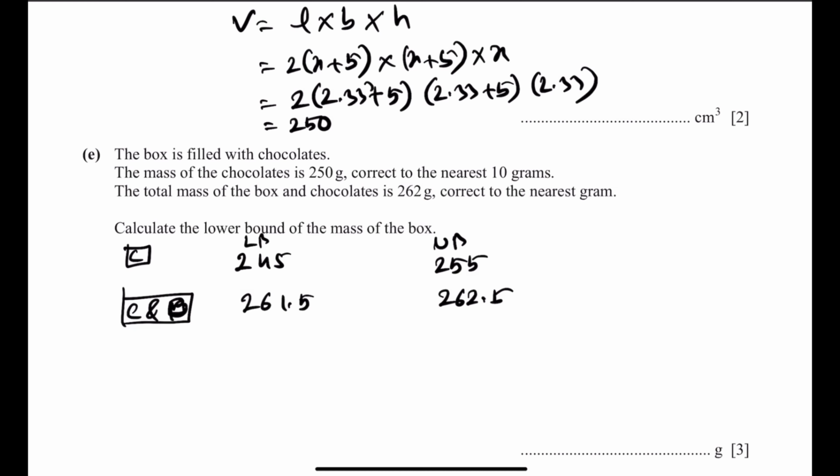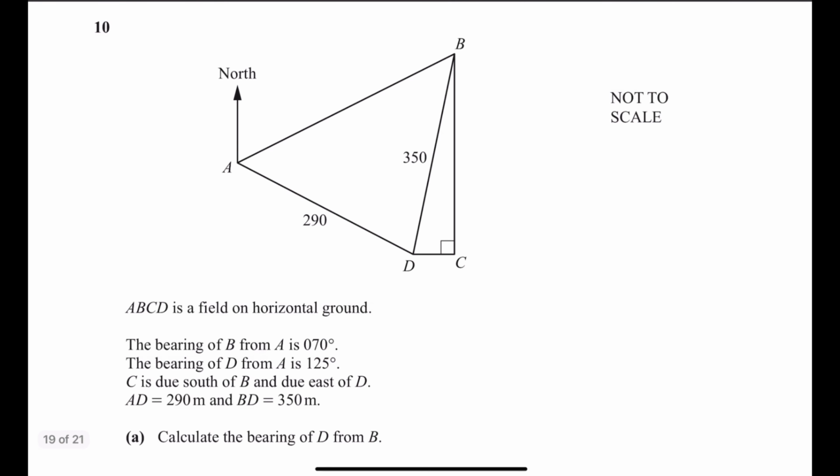We need to find the lower bound of the mass of the box. Let us subtract these two parts. 261.5 minus 255 is 6.5. So lower bound is 6.5 gram.